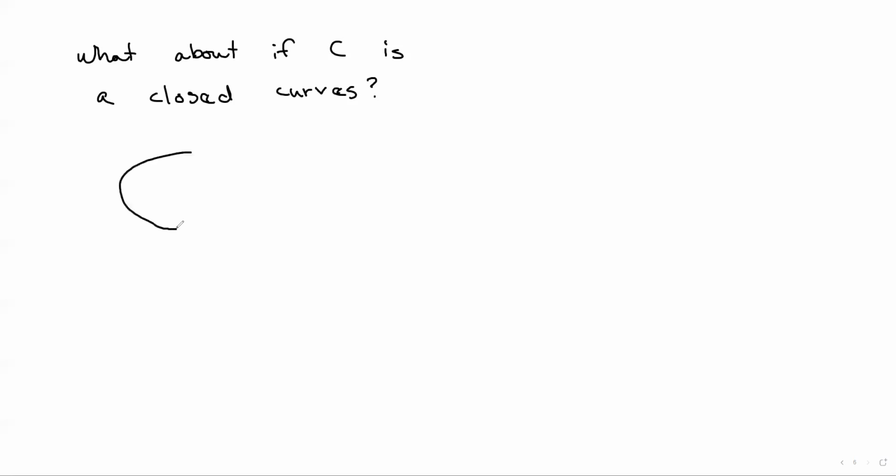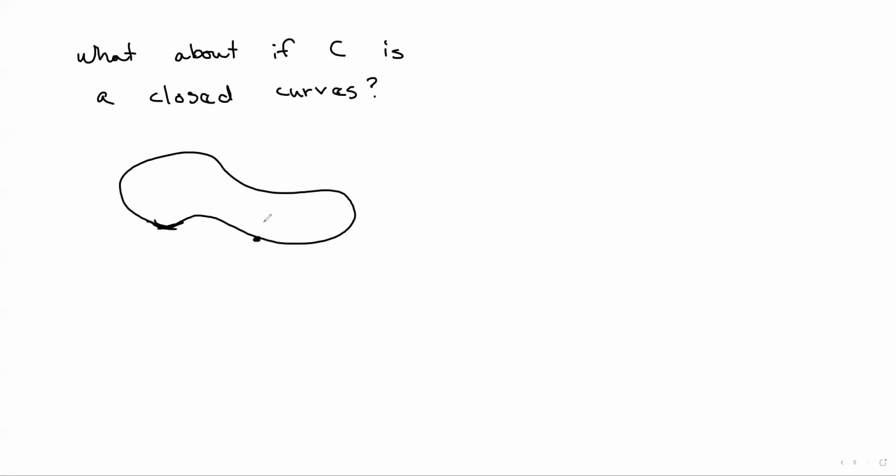Another result. Okay, what about if C is a closed curve? We're going to have some closed curves in this last chapter. What we mean by a closed curve is something like this, where you've got a curve whose beginning and end point are the same.